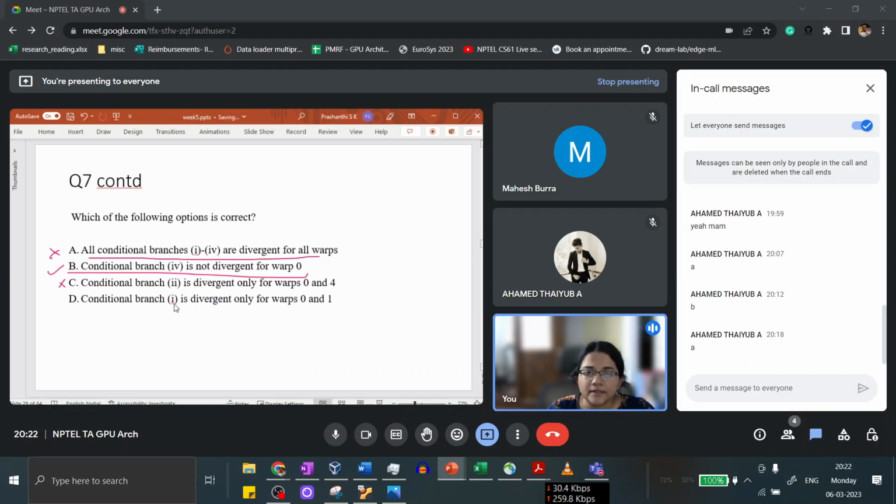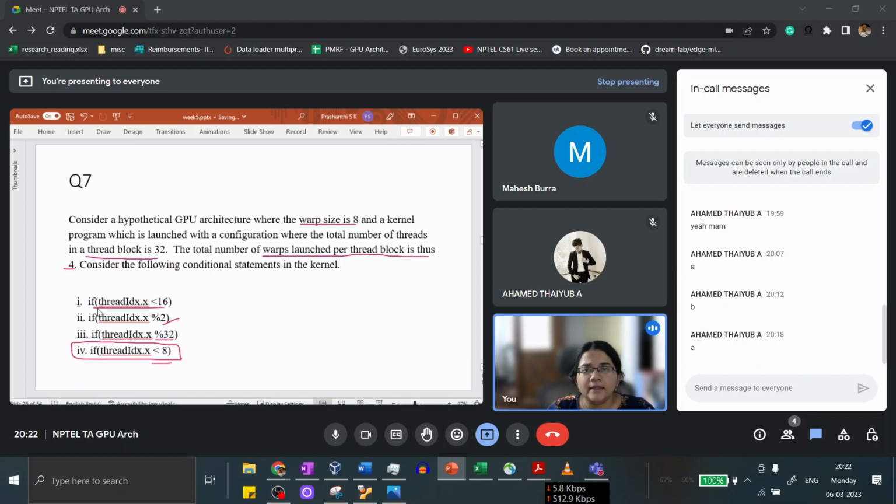Then conditional branch 1 is divergent only for warps 0 and 1. That is also false because it is not divergent for any of the warps, right? Less than 16, all of the threads in warp 0 and warp 1 will satisfy it, and all of the threads in warp 2 and 3 will not satisfy it.